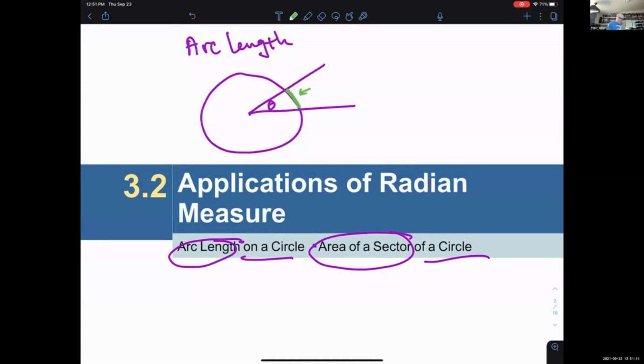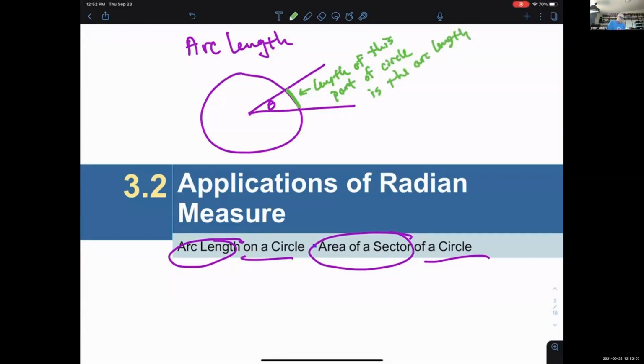The length of that part of the circle curve is the arc length. That's what they're talking about.